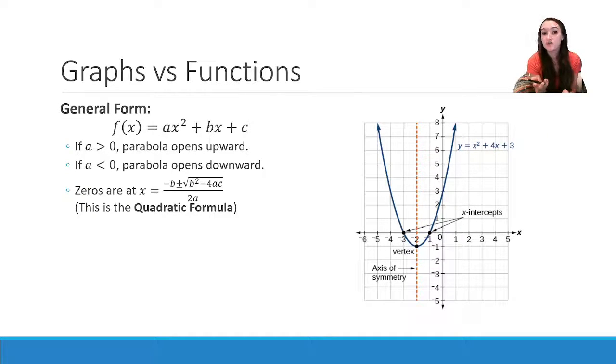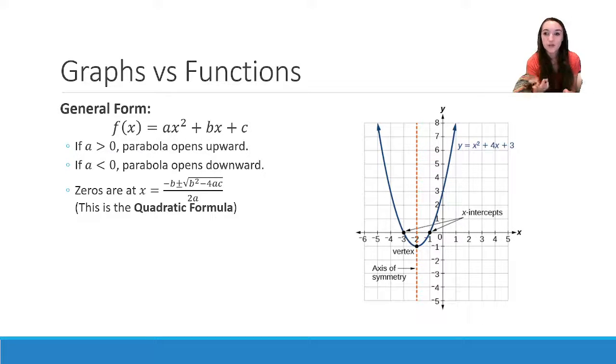The zeros are at x equals negative b plus or minus the square root of b squared minus 4ac, over 2a. I've said that very quickly because it should sound a little familiar to you, hopefully. If it doesn't, this is something you're going to have to rememorize or look into, because the quadratic formula is back. The quadratic formula is a way to always find the zeros of your quadratic.